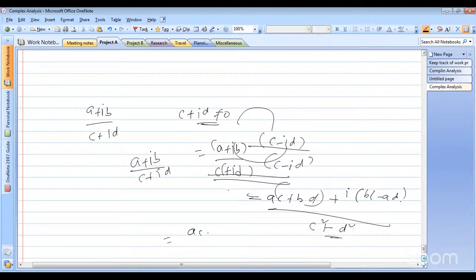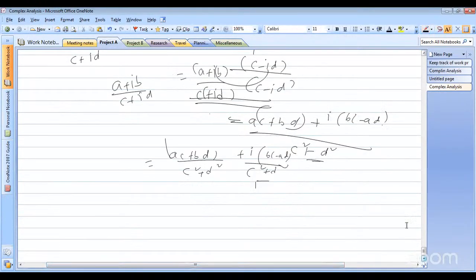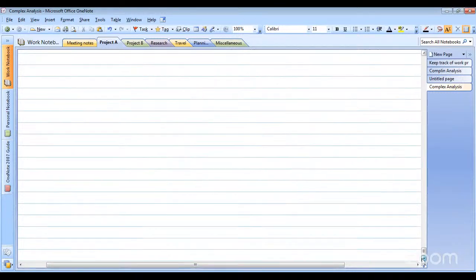You can write ac plus bd by c square plus d square plus i into bc minus ad by c square plus d square. This is the value of this one. So we have done the simplification of this, then I am going to another one.